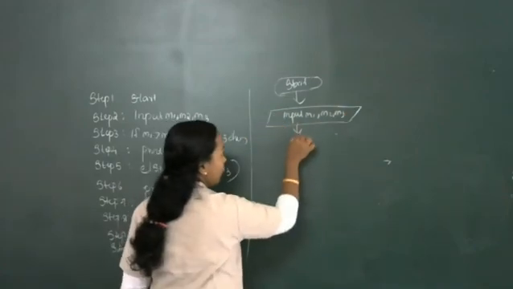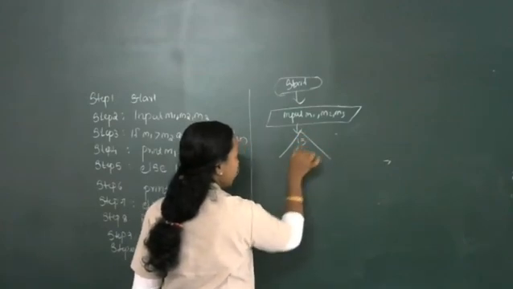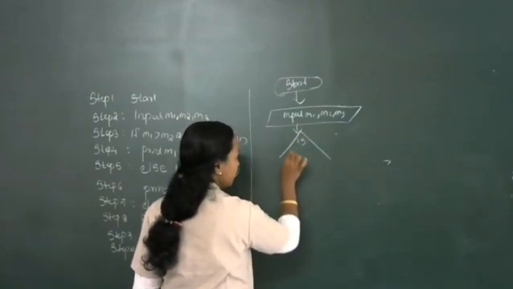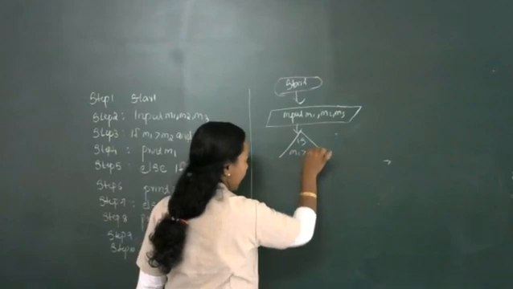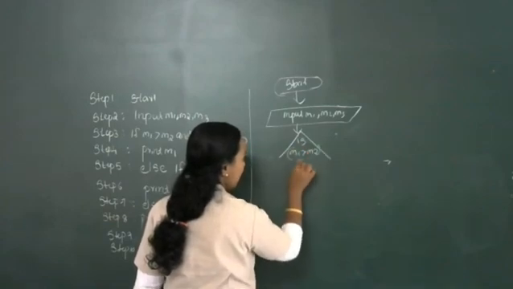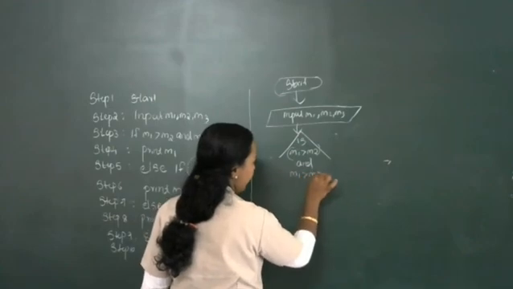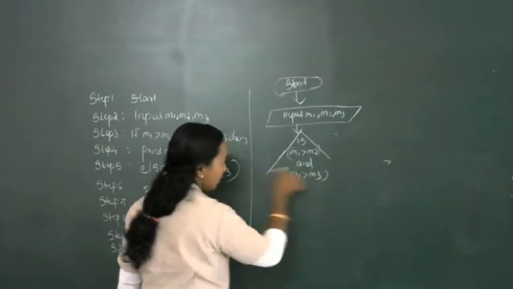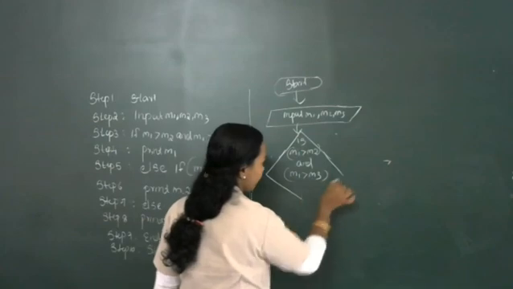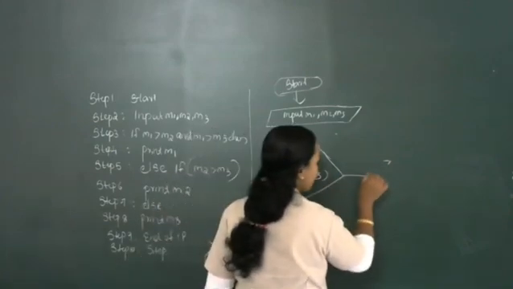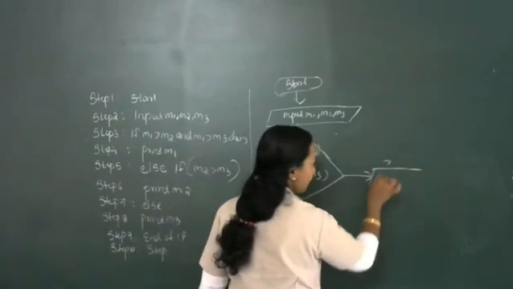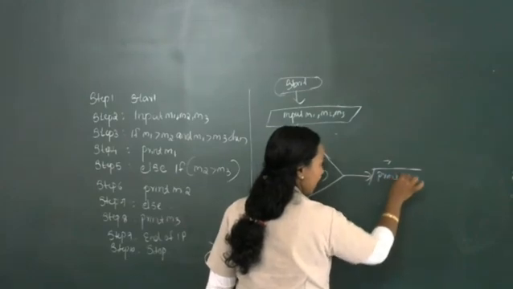Then the first condition: is M1 greater than M2 and M1 greater than M3? Draw the decision symbol. If the condition is true, what will be the statement? Print M1.